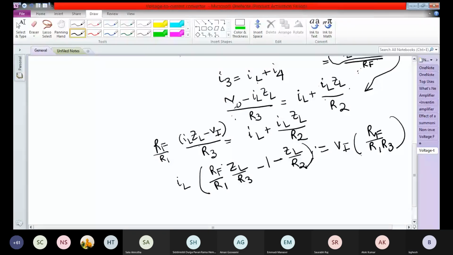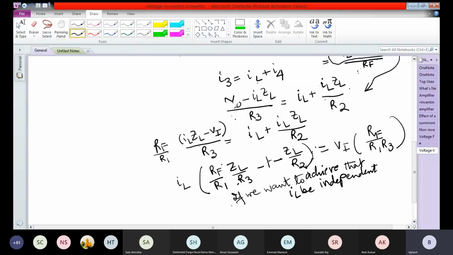So if we want to achieve that IL be independent of ZL, we will make the coefficient of ZL to be 0.